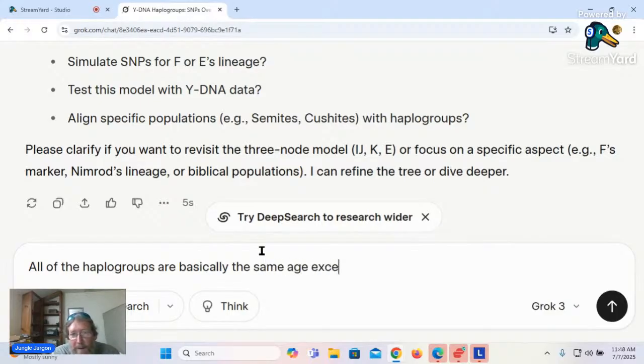They're all the same age with the exception of the YI.